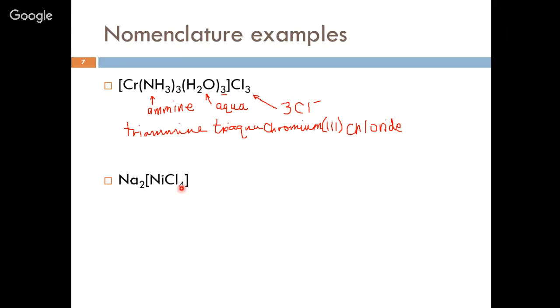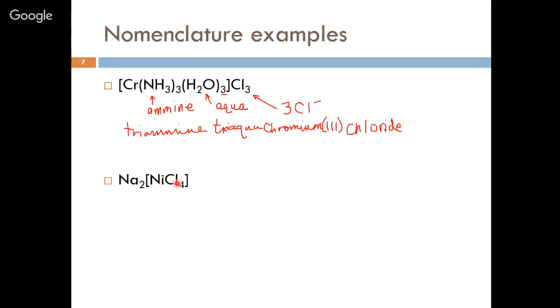So now we have 4 chloride or chloro ligands. So this is sodium tetrachloronickelate. And then we need the charge on the nickel.